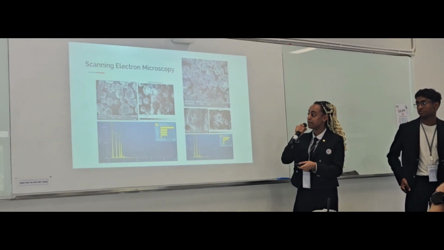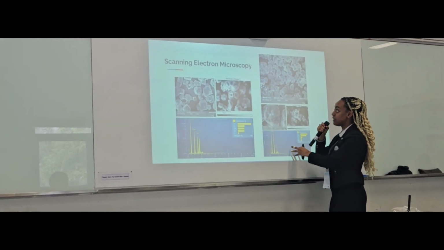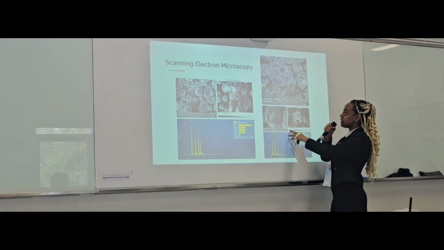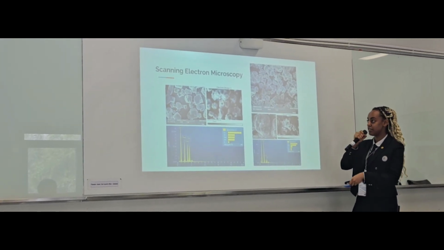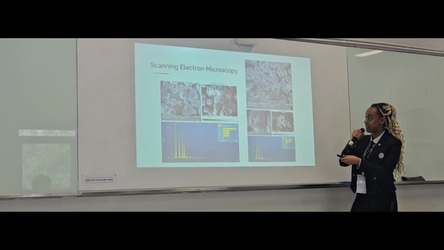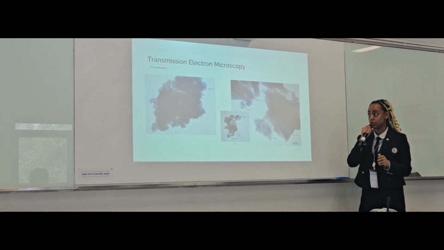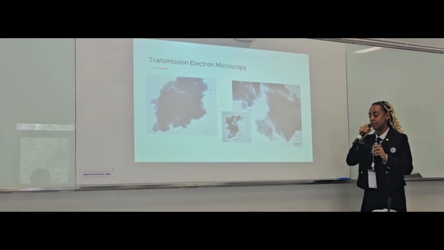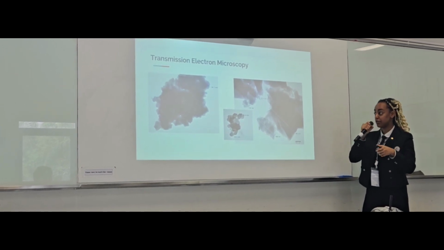Also for the SEM, this is our zeolite and this is our zeolite sodium methoxide. You can see that the zeolite sodium methoxide is more disorganized, which further emphasizes our XRD and BET surface area. SEM and TEM are quite similar, but the TEM showcases the structure at the nanoscale.